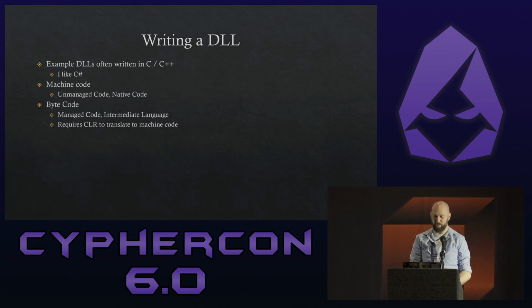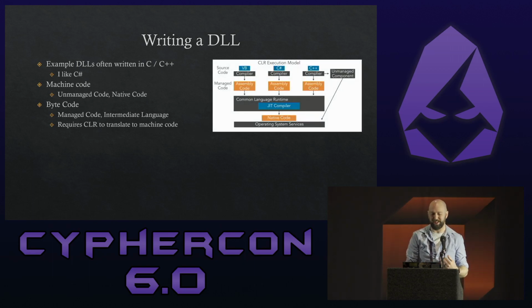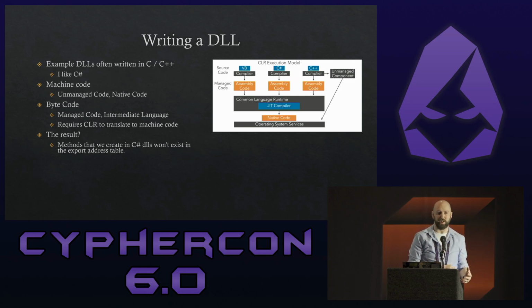So that's kind of an issue for us because the way those two things load and their structures is essentially different, right? So the result is that methods or functions that we create in C# aren't going to exist in an export address table. They don't need to. That's not how it works.